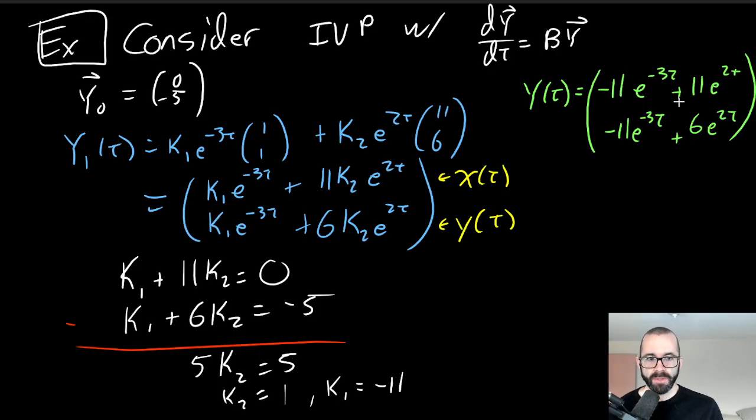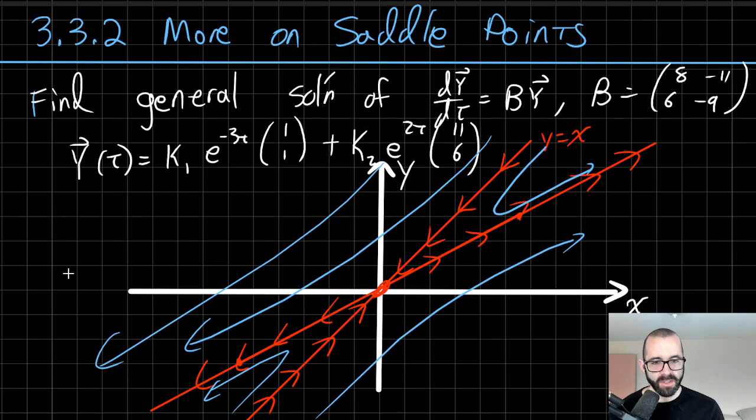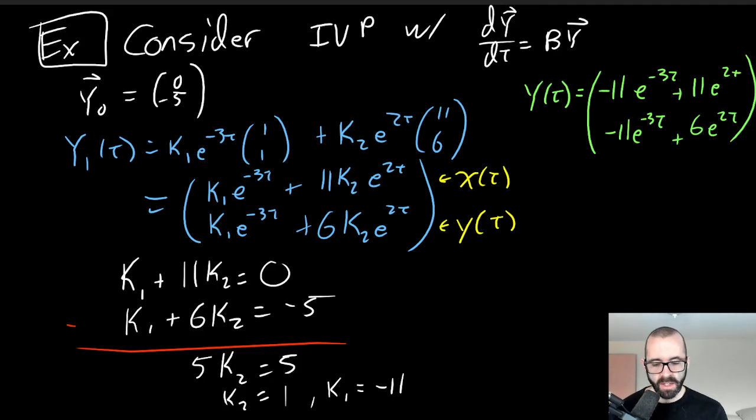That's our particular solution. Now we can answer the question. Does it asymptote to 0? Does it asymptote to this straight line solution? My guess is it goes to the straight line solution, but let's see. As t goes to infinity, what happens to this solution?